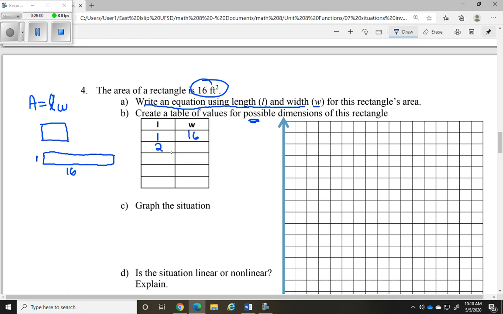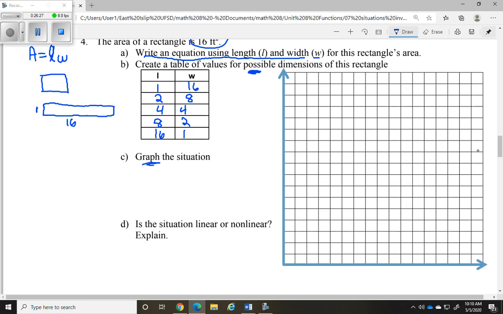And then I can make it a little wider and shorter and do 2 times 8. Or I could do 4 times 4. Or I could switch it around and say the length is 8 and the width is 2. Or the length is 16 and the width is 1. So this is a table of possible dimensions, and now it asks us to graph the situation.